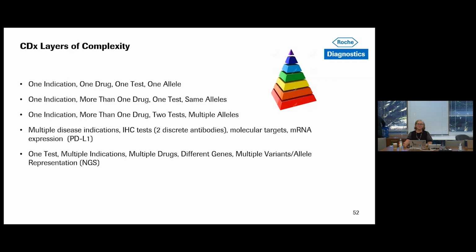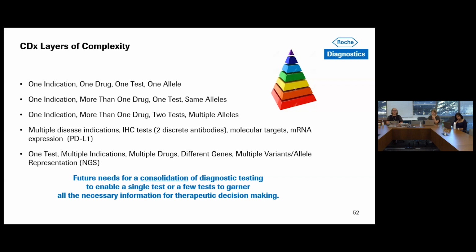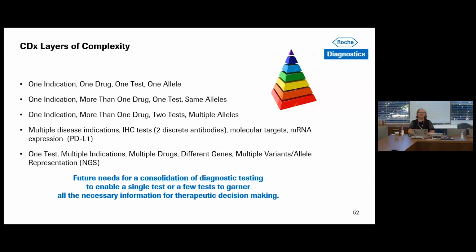So this moves us on this pyramid of complexity to the bottom level, where we're looking at an NGS-based biomarker test, where we can screen for multiple genes and multiple things in one test. So this is the push for the need for this consolidation of diagnostic testing and not one shrink wrap box for each individual biomarker. That's not really going to work as we learn more and more about these complex diseases.